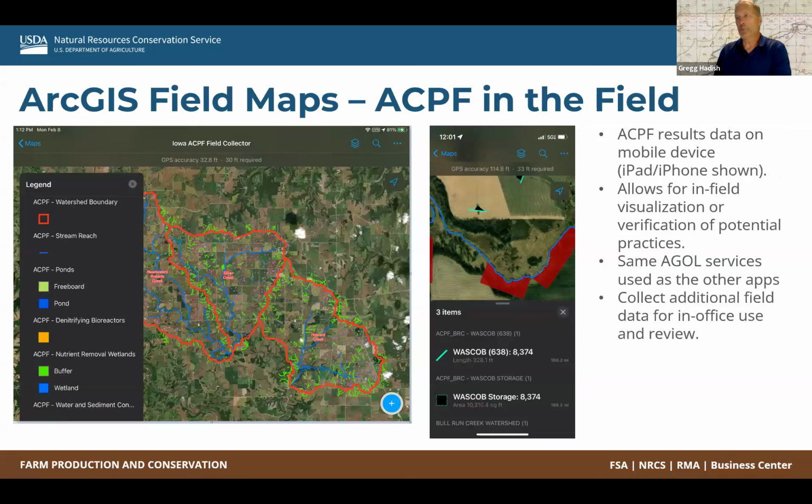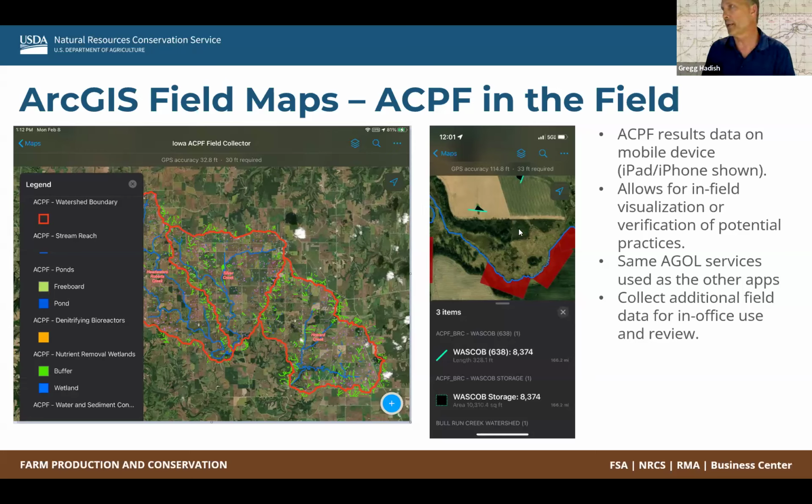Another tool that we use within our field offices is called ArcGIS Field Maps, and this is a mobile device-based application that talks to those same map services. But what's a little different here is that we can go to the field working one-on-one. Maybe we're doing a walkthrough or a walkover with a farmer, looking at potential siting locations, utilizing that ACPF results data.